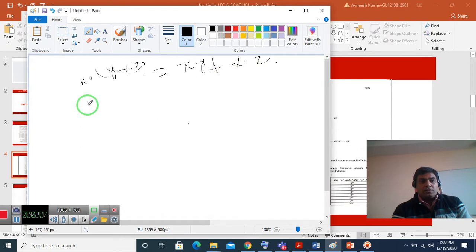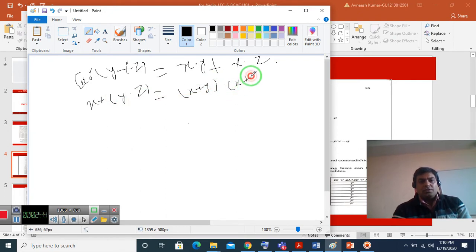But in mathematical logic, we can say that the dot, that is multiplication, is distributed over the plus, but we can also distribute like this: x plus y, dot, x plus z.